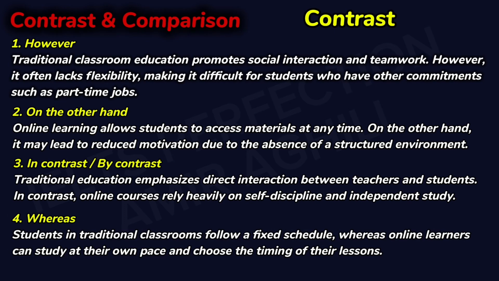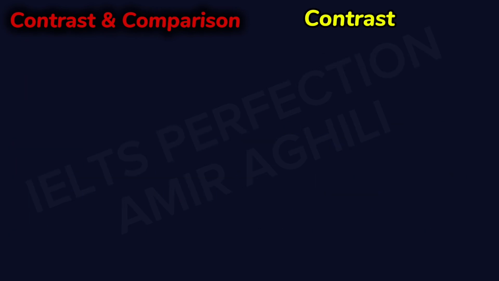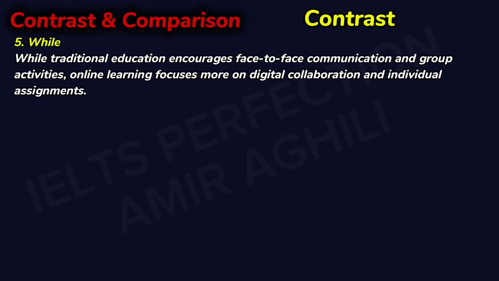Students in traditional classrooms follow a fixed schedule, whereas online learners can study at their own pace and choose the timing of their lessons. While traditional education encourages face-to-face communication and group activities, online learning focuses more on digital collaboration and individual assignments.